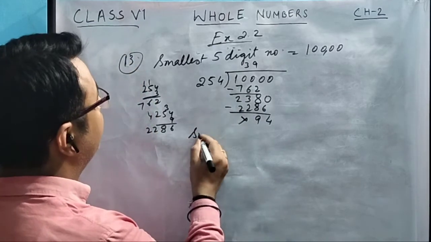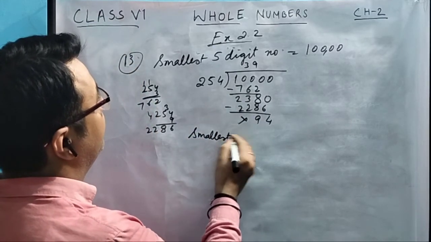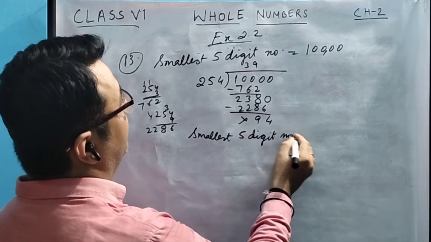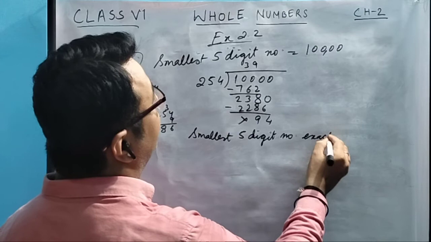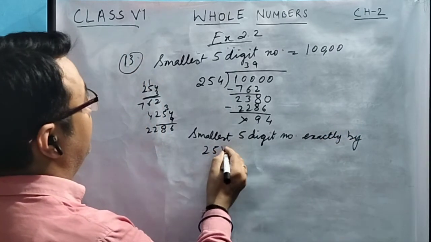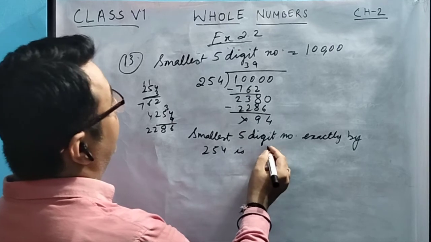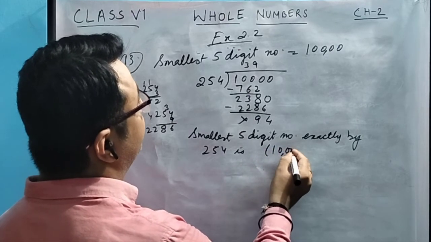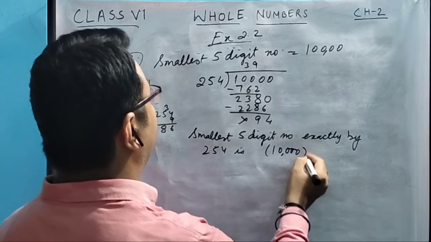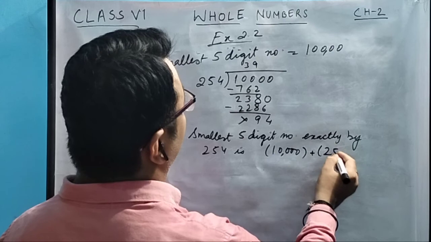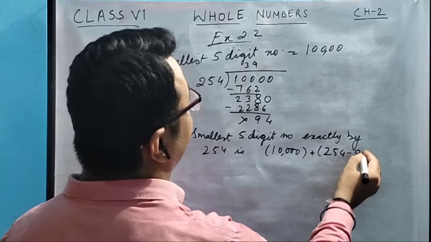So the smallest 5-digit number exactly divisible by 254 is 10,000 plus quotient 254 minus remainder.